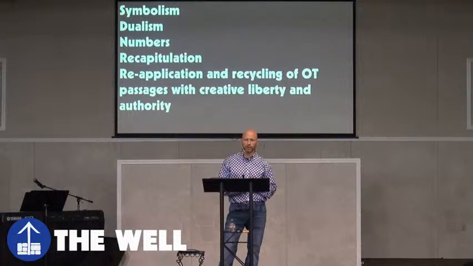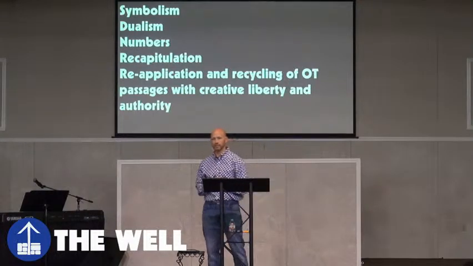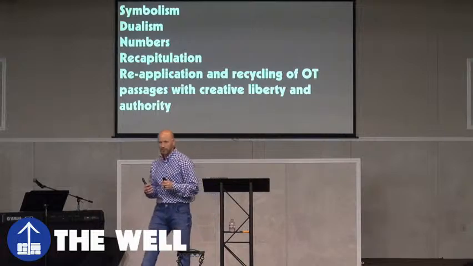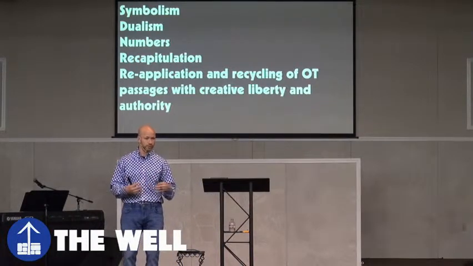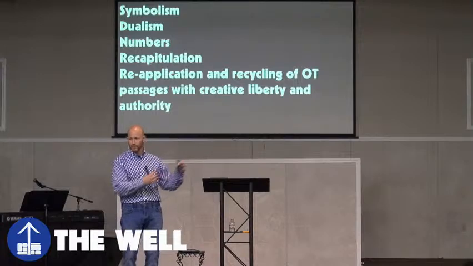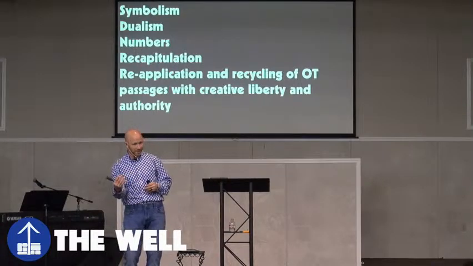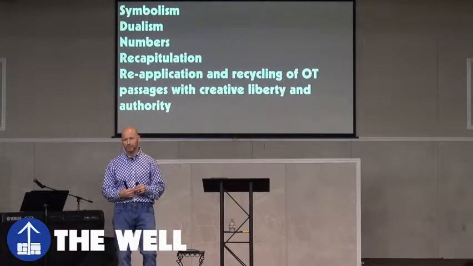What I stated earlier, reapplication and recycling of Old Testament passages with creative liberty and authority. I wouldn't recommend anyone to do what John's doing with the Old Testament passages, but he, as an apostle, has the authority to do that.